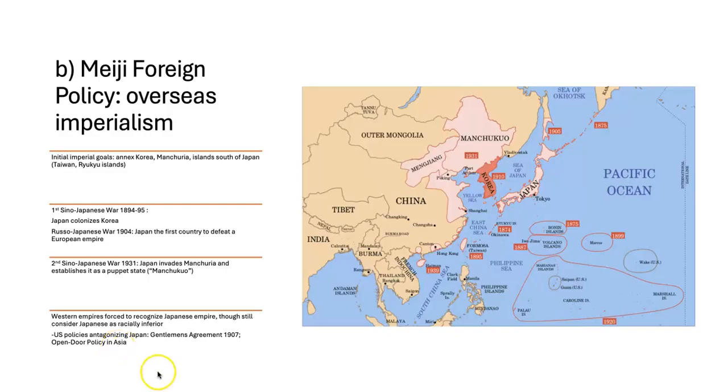The United States is telling other European empires that they don't have a monopolistic hold over any particular Asian country, that they have to, quote unquote, keep the door open to allow other European empires to establish their presence in that particular Asian country. Okay, so that's called the Open Door Policy. And very imperialistic as it sounds, right? It's saying, hey, this area is up for grabs for any Western empire.